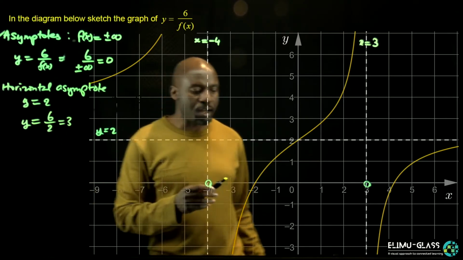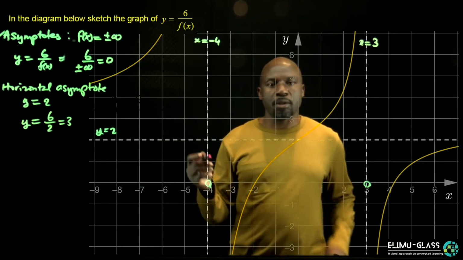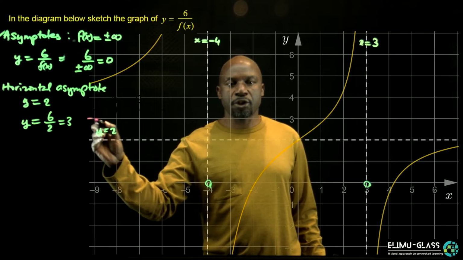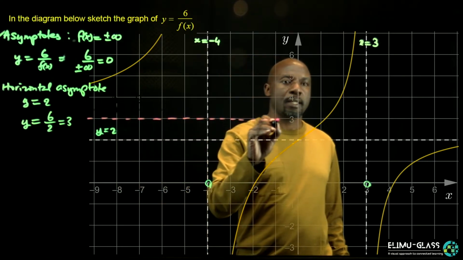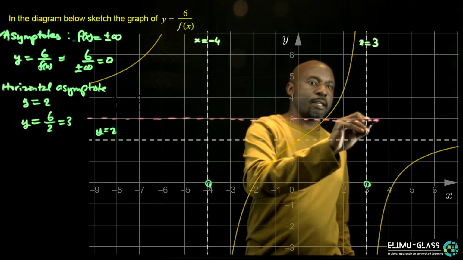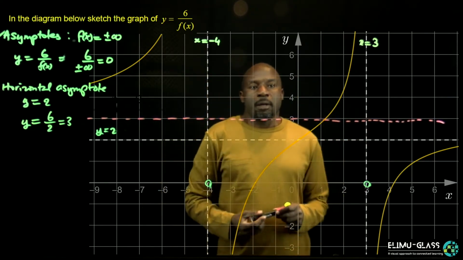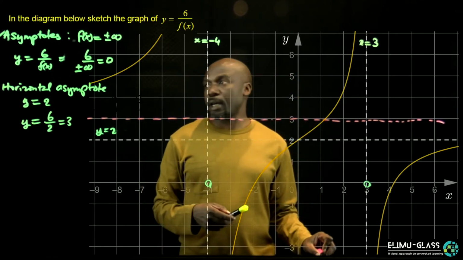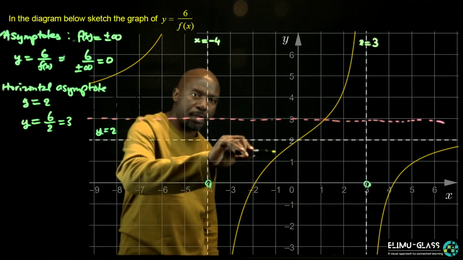So we expect to have a horizontal asymptote. I will use pink to draw our new horizontal asymptote for the reciprocal function. It must pass through this point here, like that, to the other end. That's our horizontal asymptote.